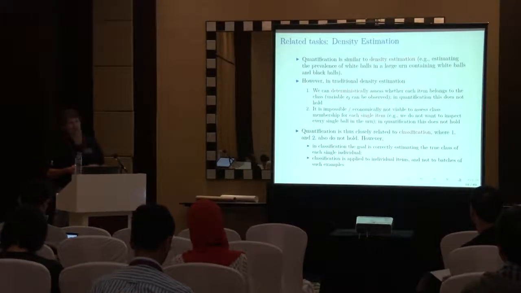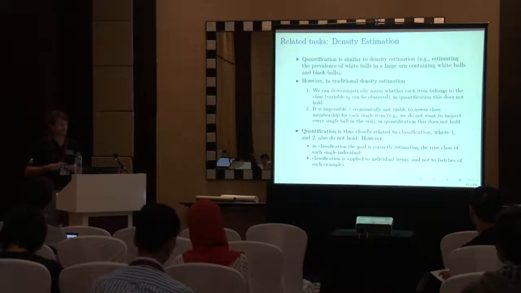This is similar, but there are two key differences. First of all, in density estimation, you assume that you cannot actually examine each individual item. With the white and black balls, you certainly don't want to pick them all and check whether they are white or black.